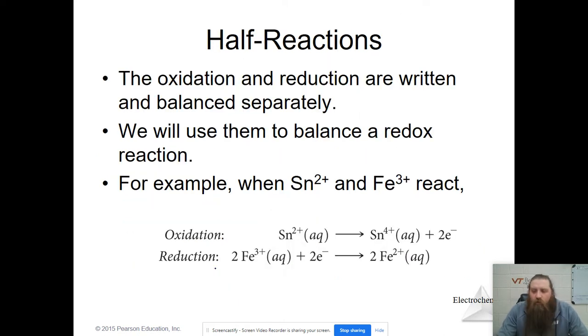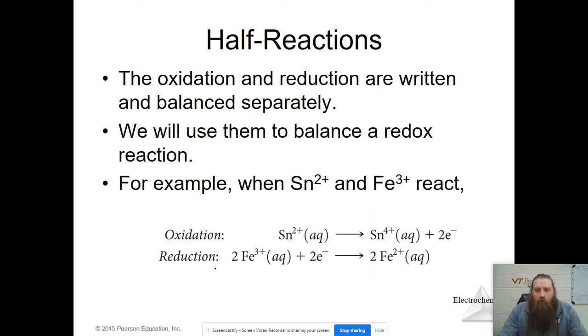Now, where this can start to get complicated is when it's time to balance the reactions that are involved in oxidation reduction. A lot of times, in order to simplify this, we balance them in terms of half reactions. So if we look at tin and iron, when they react, you break them into the oxidation half reaction, which we have first here, and the reduction half reaction, which we have second.